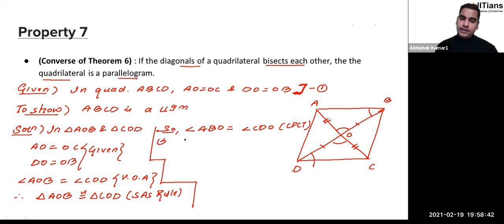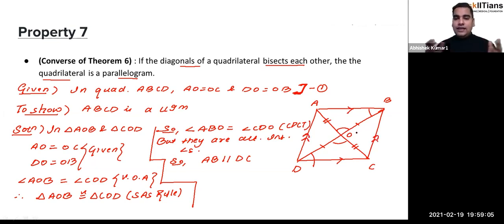Understood? And because these two angles are equal to one another by CPCT, and these are actually alternate interior angles, we can say that this line AB is parallel to DC. Similarly, we can show that this line DA is parallel to BC.